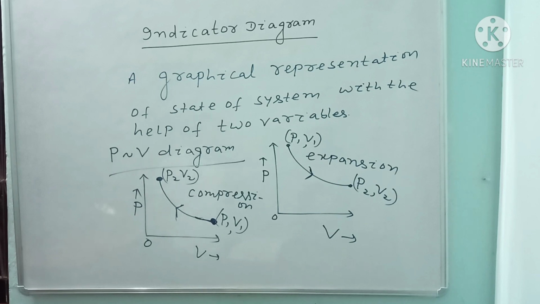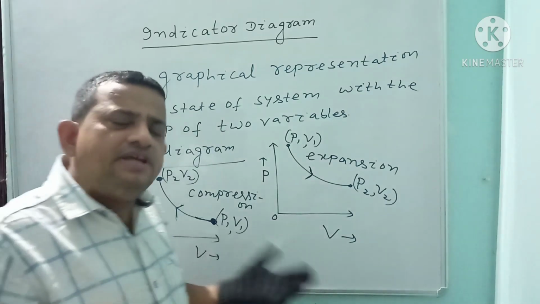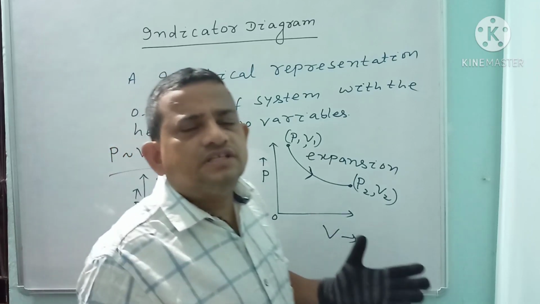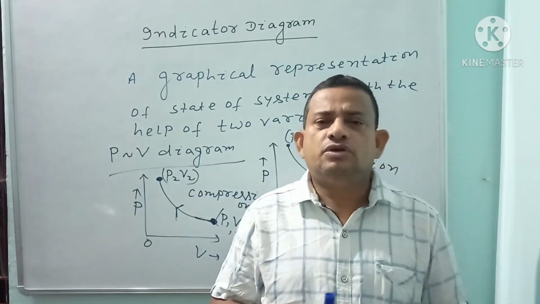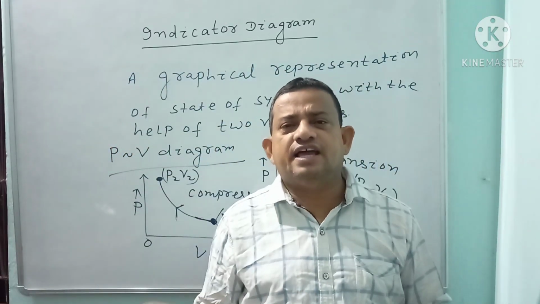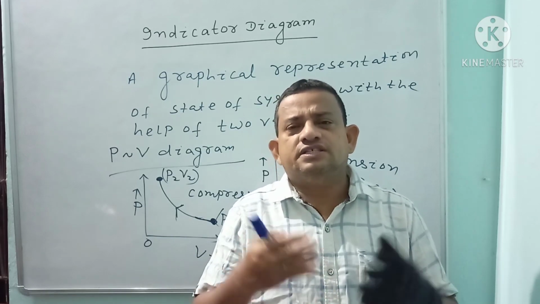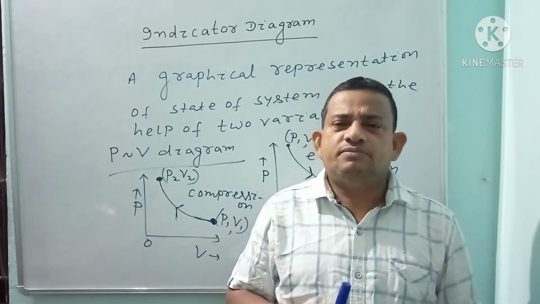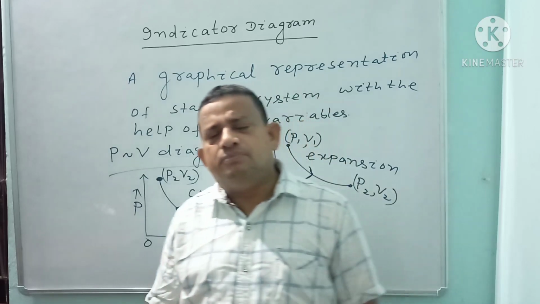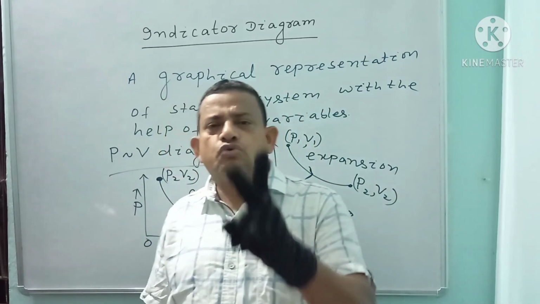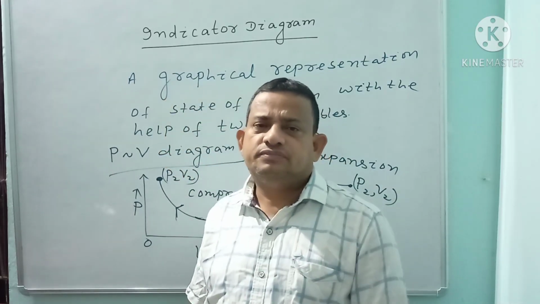But students, what is the importance of this graph? In every graph, whether this is pressure volume, velocity time, or position time, two things are important.